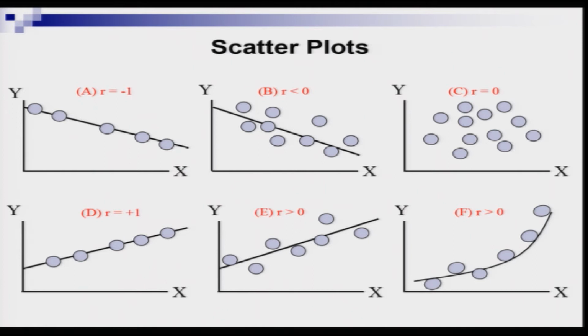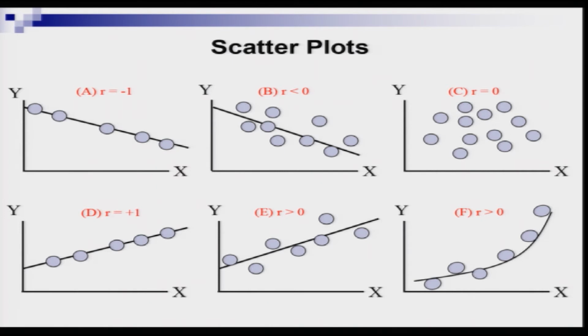Now, I move on to diagram panel B, and you see that there is a scatter of data points. Two data points are lying on the downward sloping straight line, but there are 5, 6 more which are not lying on the negatively sloped straight line, and they are just here and there.